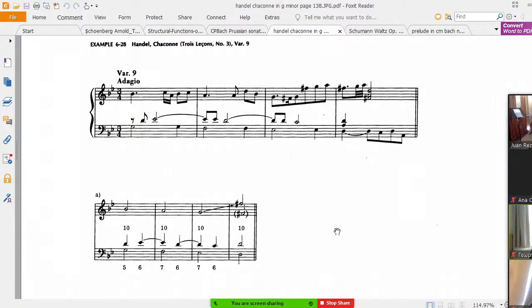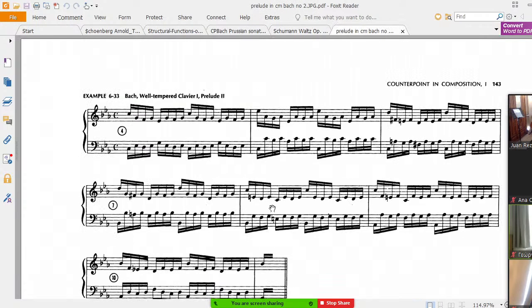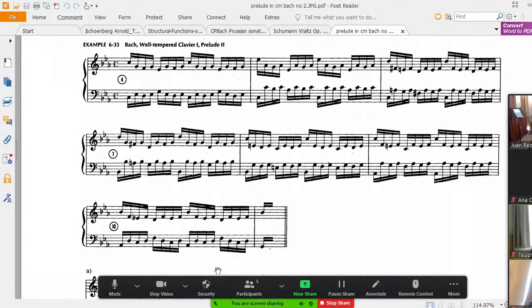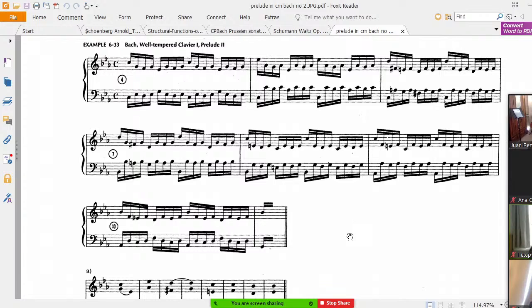It's what you are doing, or you're supposed to. So please don't put ornamental notes. Don't put anything. I don't want you to do this now. That's why we're going to have counterpoint. I want you to do this. And we have more, well, the classical example of the Bach prelude in C minor.